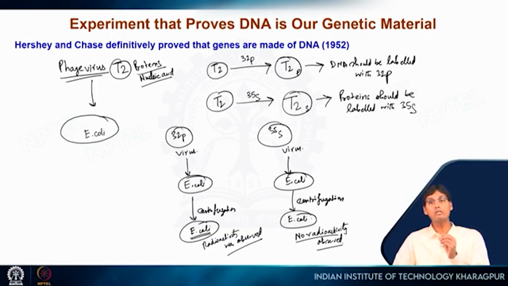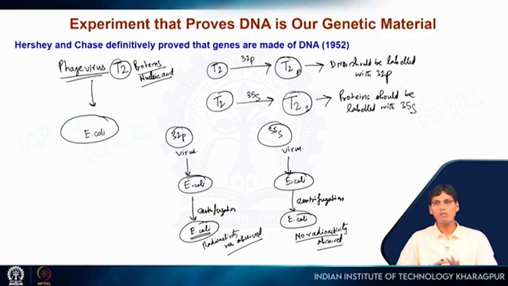That means the nucleic acid, the DNA, is entering the cell, and that causes multiplication of this virus inside the bacterial cell. Whereas when they labeled the sulfur, the protein was not entering the bacteria. As a result, it definitively proved that DNA is our genetic material.